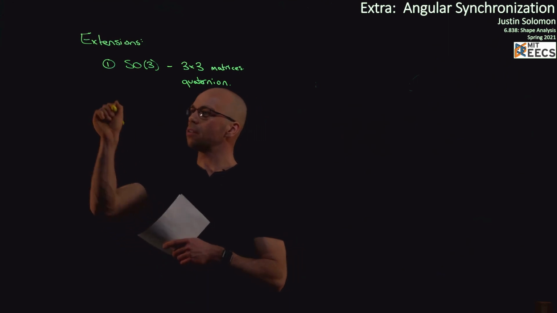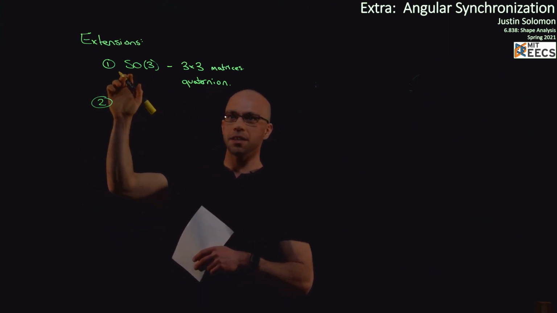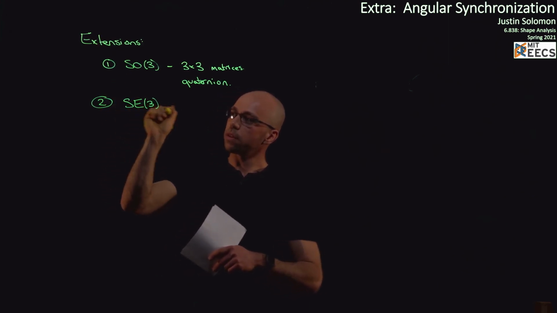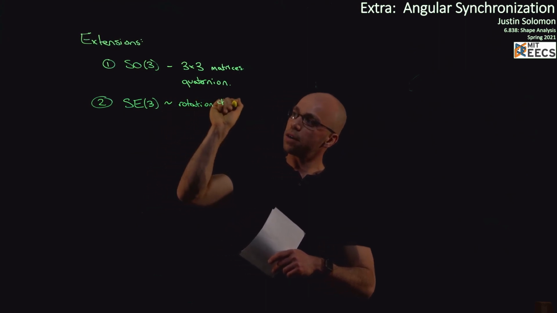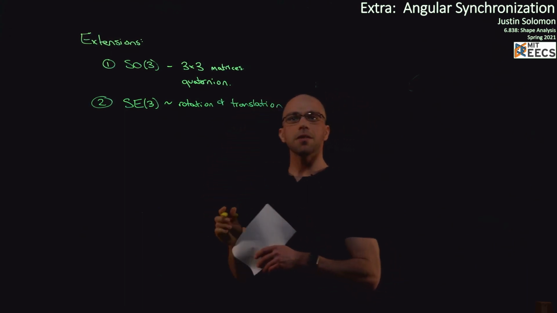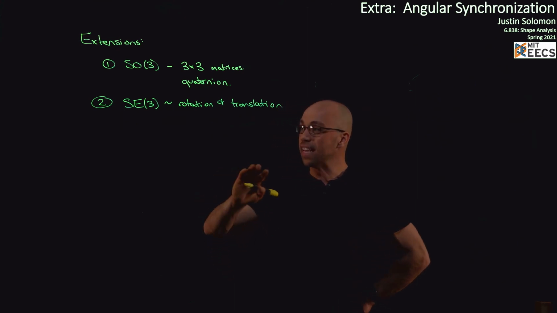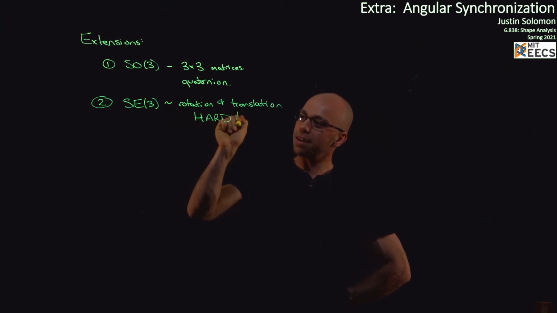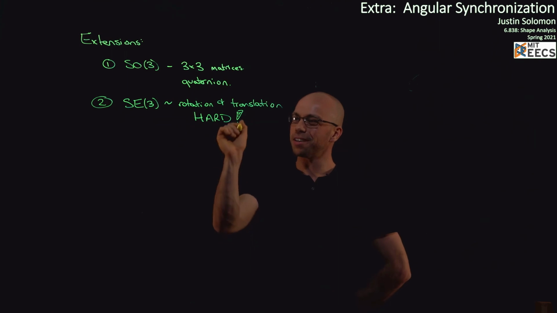Now, the real holy grail here is maybe not to work with SO3, like rotations in 3D, but actually to work with SE3. And this, of course, is rotation and translation. And it turns out that coming up with convex relaxations of synchronization in SE3 is a hard problem. By the way, I mean hard in the psychological sense and also in the NP-hard sense.